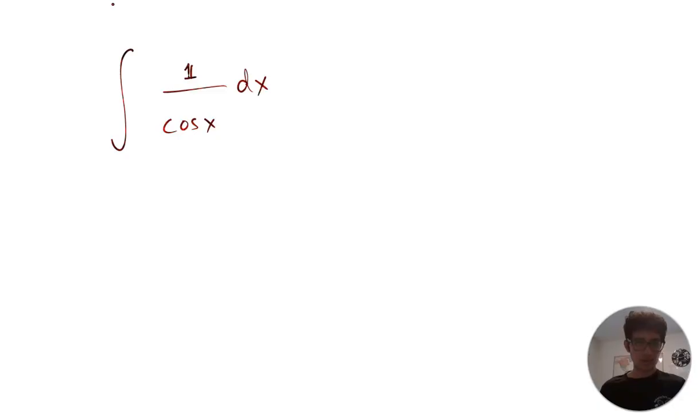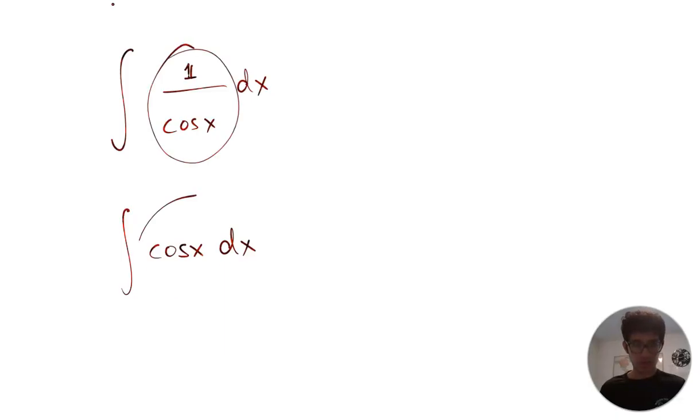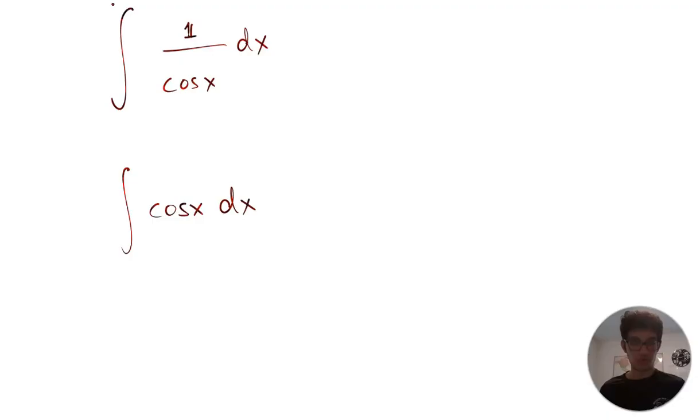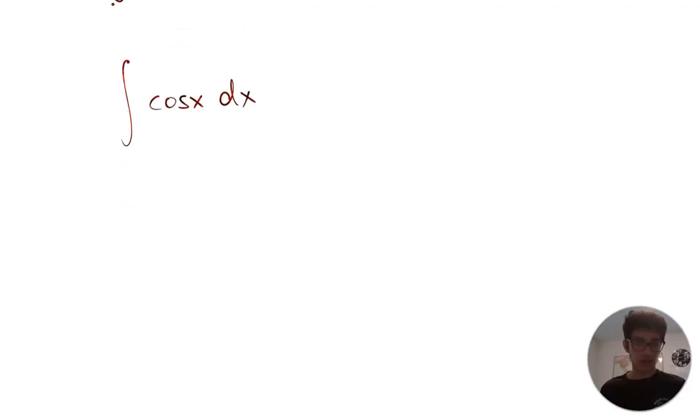Well, let's start with something a little bit easier. We know the integral of cosine of x dx, right? And maybe we can get this in here somehow. This is pretty simple, it's just going to be sine of x plus c. Well, what is 1? Obviously, it's a lot of different things. But one way we can write 1 in terms of the trigonometric functions is as cosine squared x plus sine squared x.